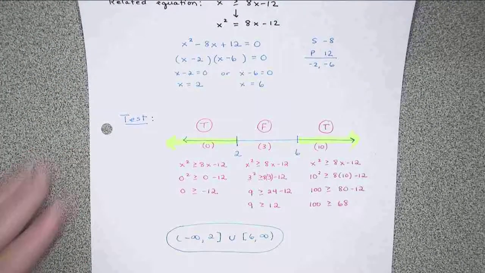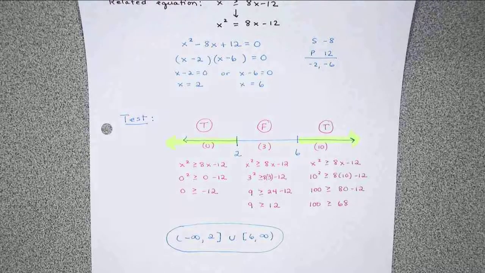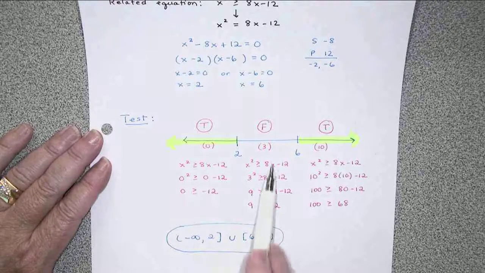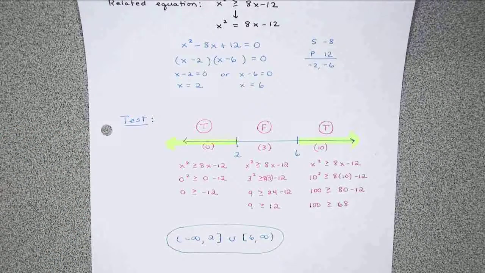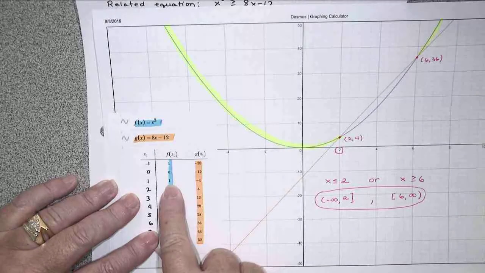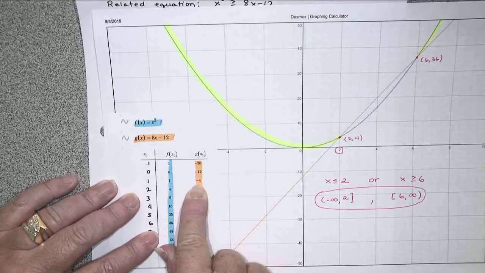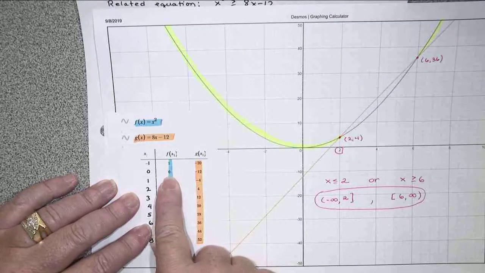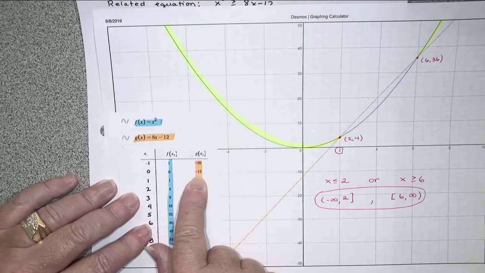One comment I'll make before we move on to the next video is that although I was very specific and wrote out my test by hand on all of these, it would also be fine for you to use a table of values generated by your calculator to do the test. So for example, if I choose the test point 0, it would be fine for me to go over here to my calculator and say, is 0 greater than or equal to negative 12?